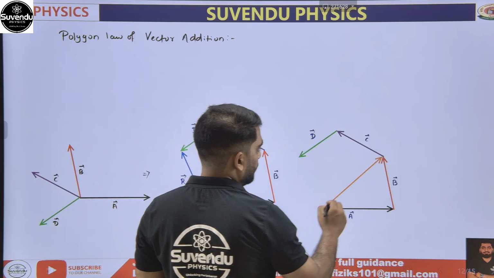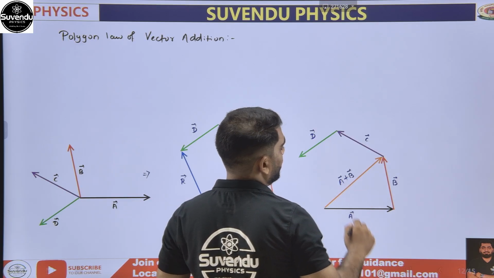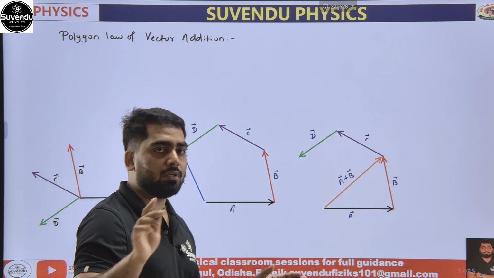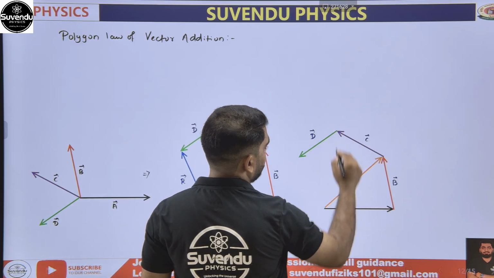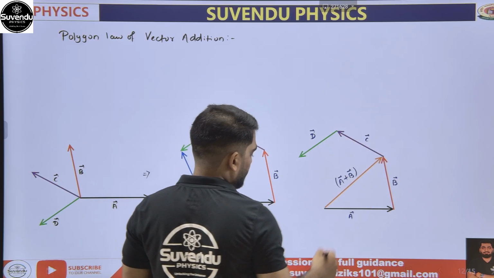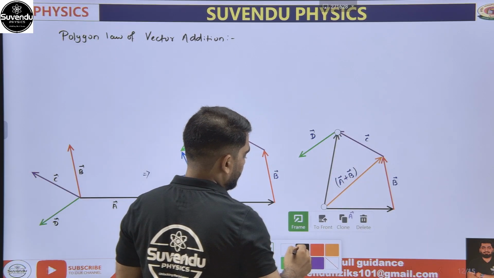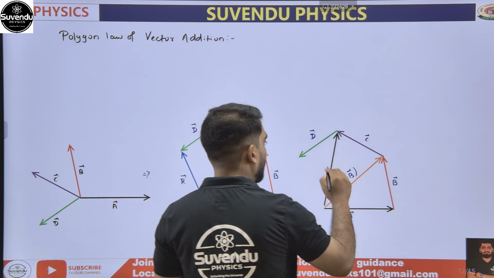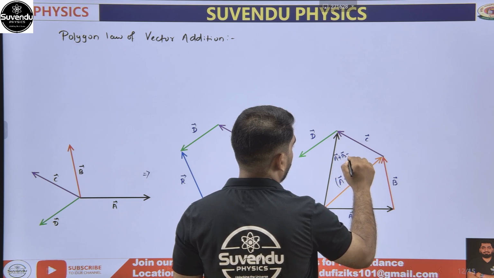So this is our A vector plus B vector. Now this A vector plus B vector and C vector, they are in the same order, then the third side of the triangle taken in opposite order gives their resultant vector. So this black color vector represents A vector plus B vector plus C vector.